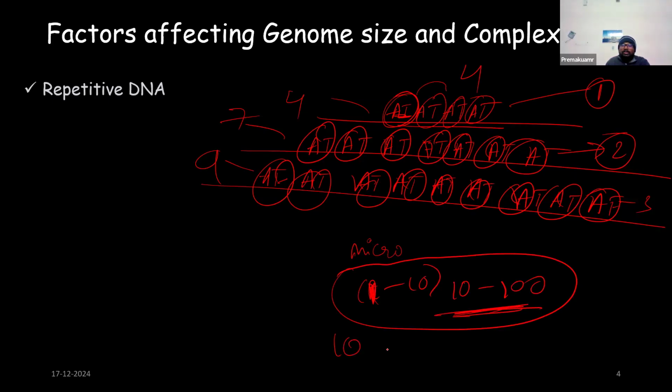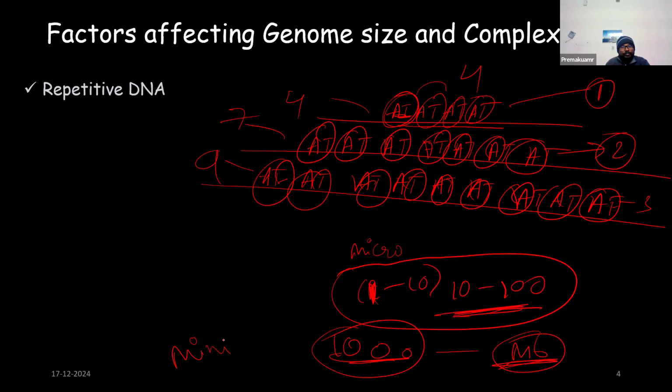If it is 1000 base pairs repeated several million base pairs, several MBs, it is called minisatellites. Minisatellites are much larger in size. Microsatellites are very small, like 1 to 10 nucleotides repeated about 10 to 100 times. They are microsatellites. These are repetitive, okay?